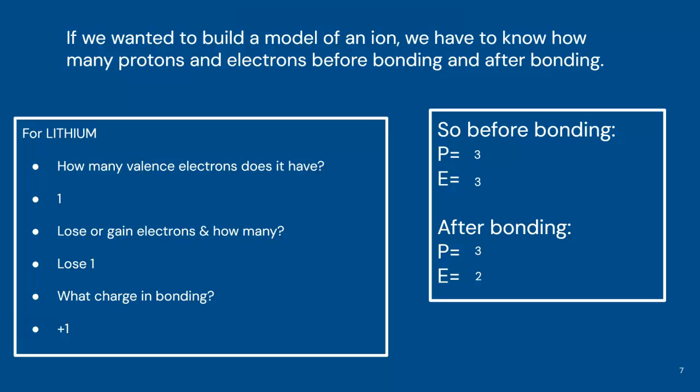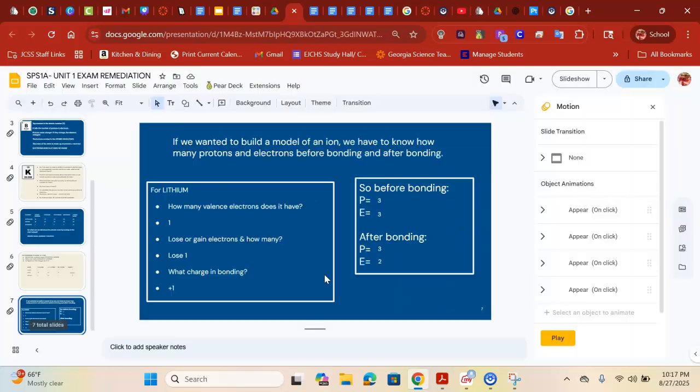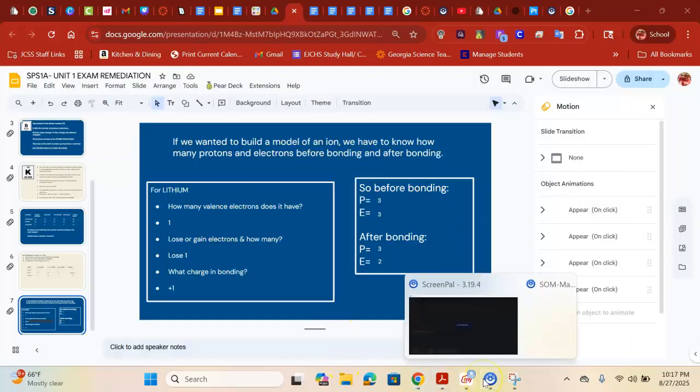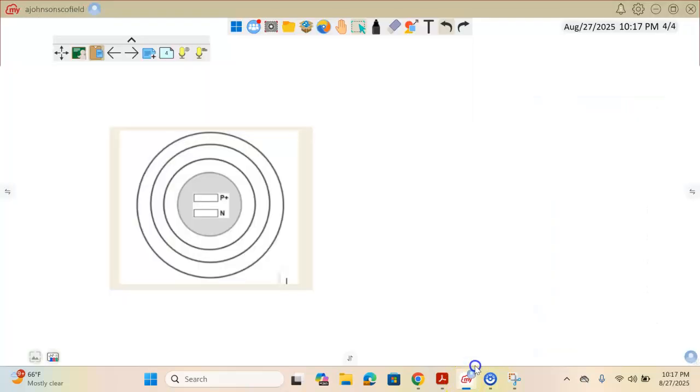So if we're looking at this, I can go over here and draw this one. I know that I have protons and electrons, and we actually need to figure out our neutrons too.